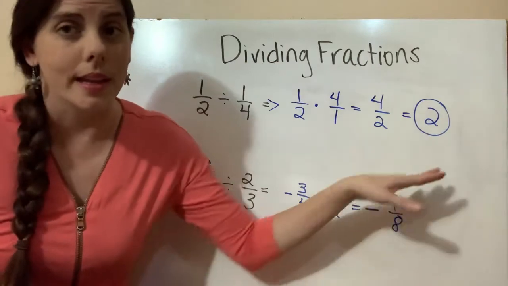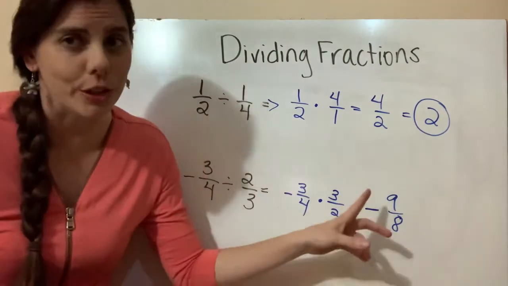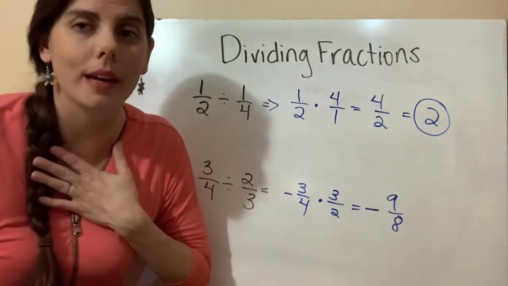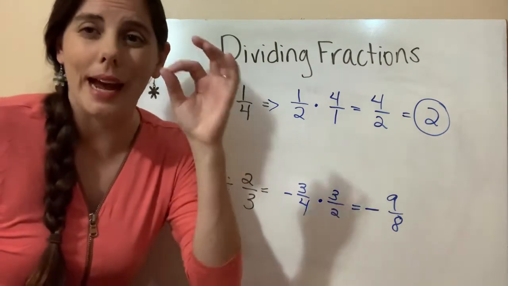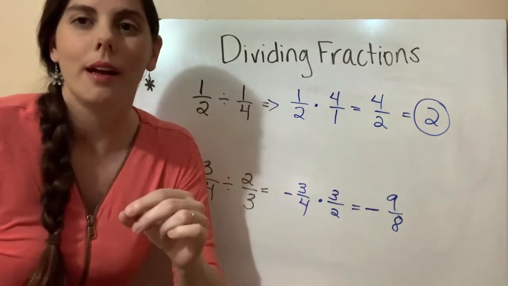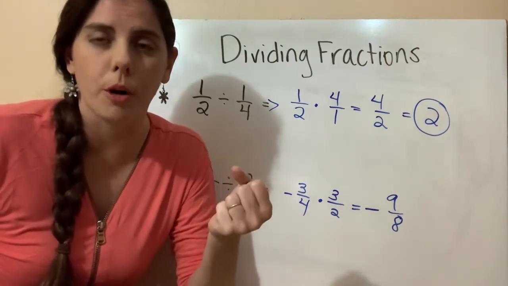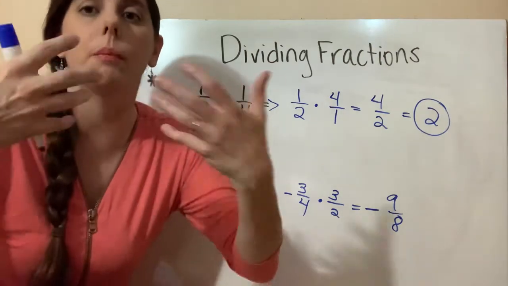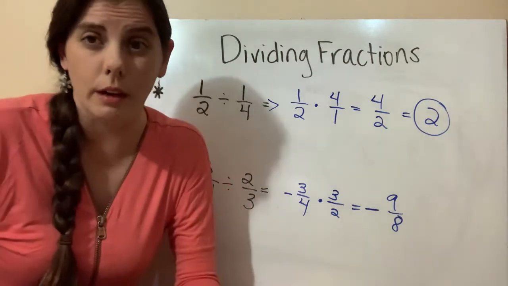Remember, in algebra, we like improper fractions, so fight the urge to turn this into a mixed number. If you want to turn it into a mixed number, I'm not going to count off, but in the back of the book, unless it actually tells you to put the answer as a mixed number, the answers will probably be in improper fractions, because the whole purpose of this course is to build you up to algebra and getting you used to how you're going to be seeing things in algebra.